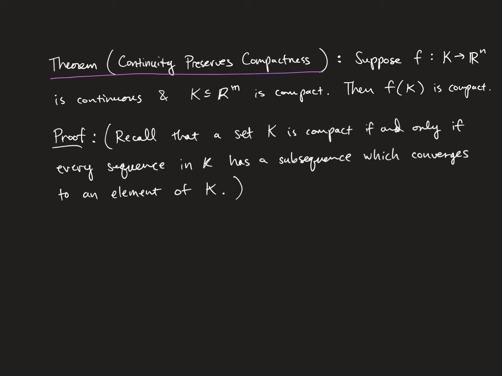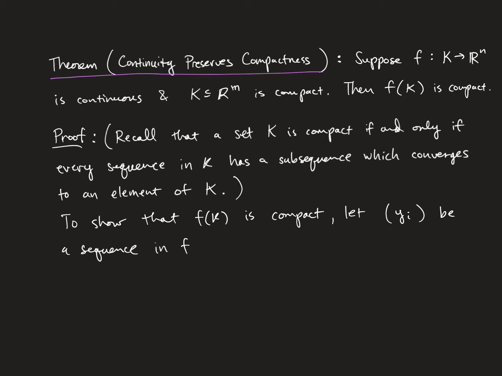So to show that f of K is compact, let, say, y_i be a sequence in f of K. And what we have to do is show that there's a subsequence that converges to something in f of K. By definition, this y_i is in f of K, so that means each y_i is f of something.